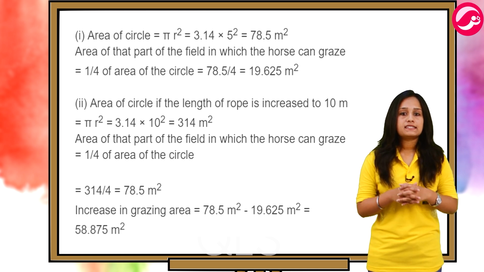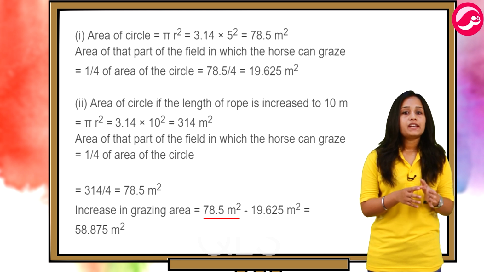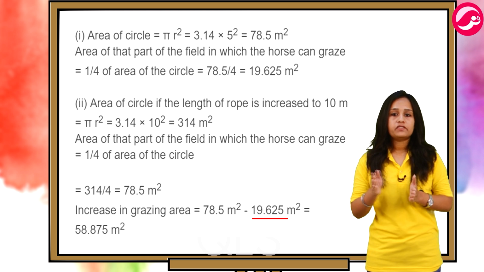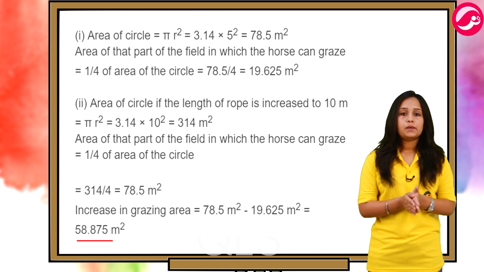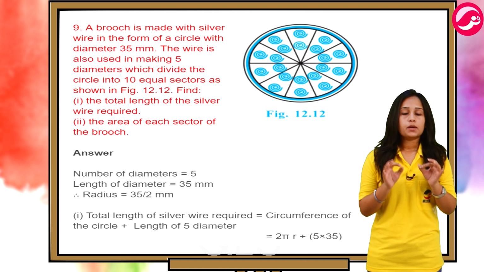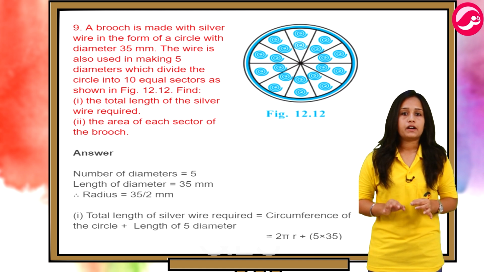Therefore, increase in grazing area will be equal to 78.5 meters square minus 19.625 meters square, that is 58.875 meters square.